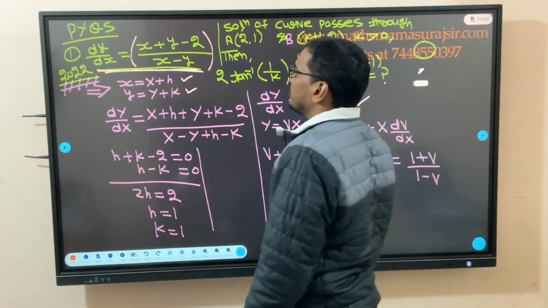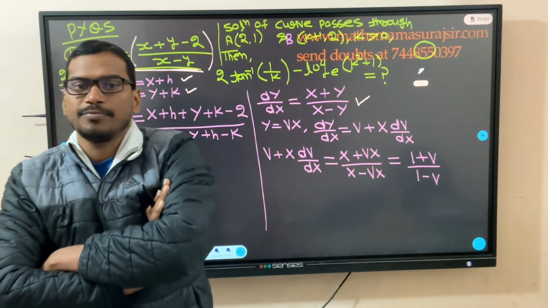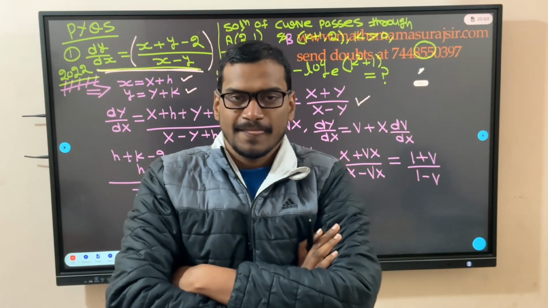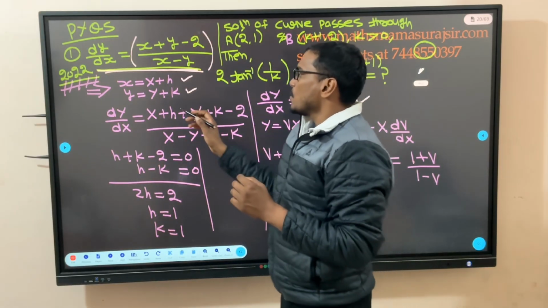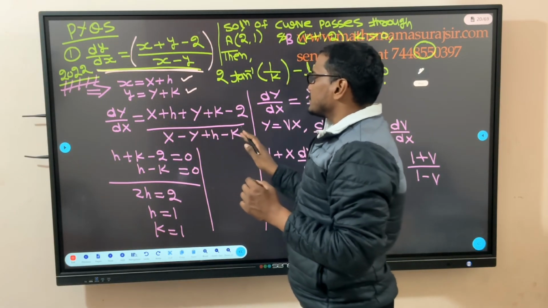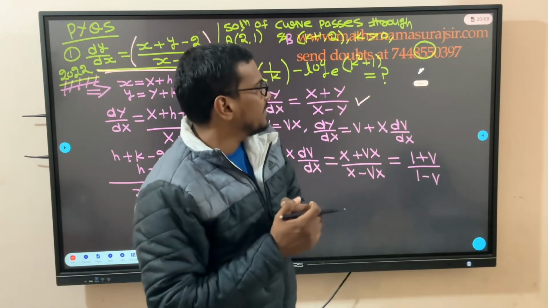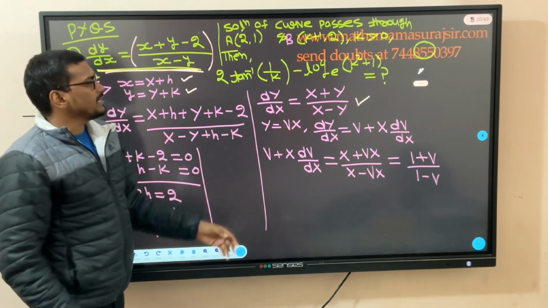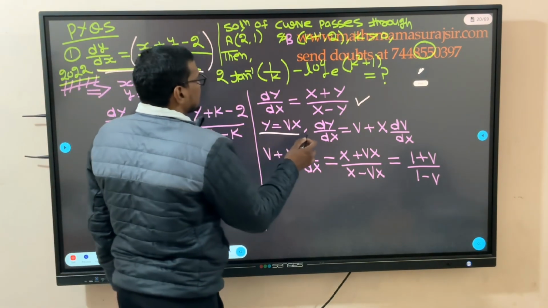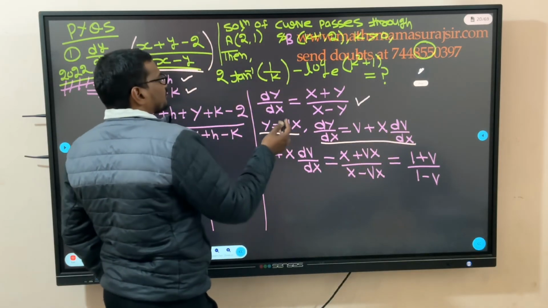Check what we have done. It is just reducible to homogeneous, which we studied today in type 2. Once we got h and k values, we substituted here, and y equal to vx, dy by dx is v plus x dv by dx.